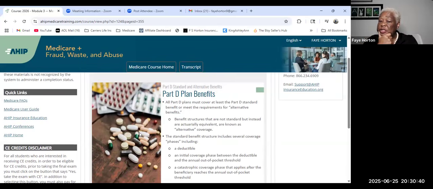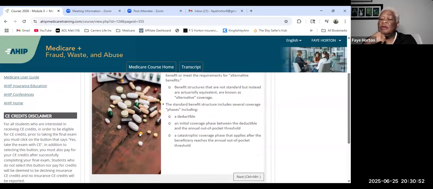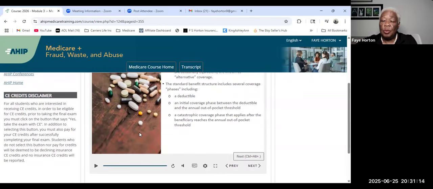The standard benefit structure includes several coverage phases, including a deductible, an initial coverage phase between the deductible and the annual out-of-pocket threshold, and a catastrophic coverage phase that applies after the beneficiary reaches the annual out-of-pocket threshold.